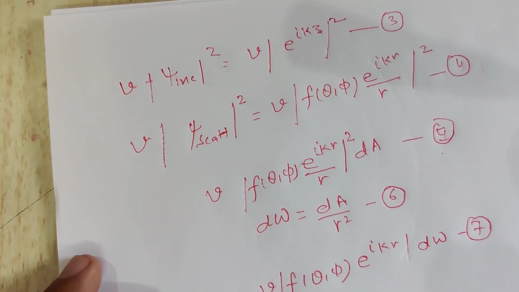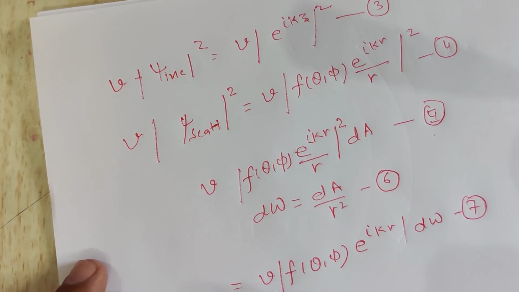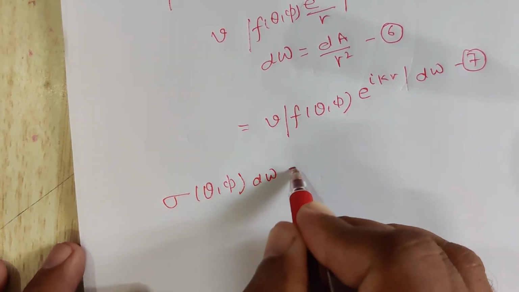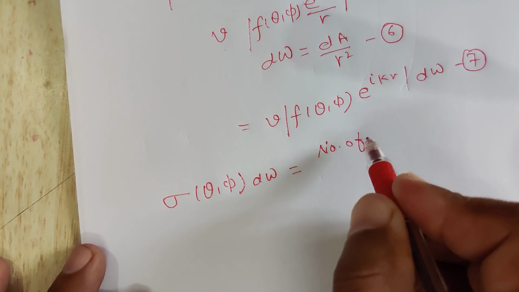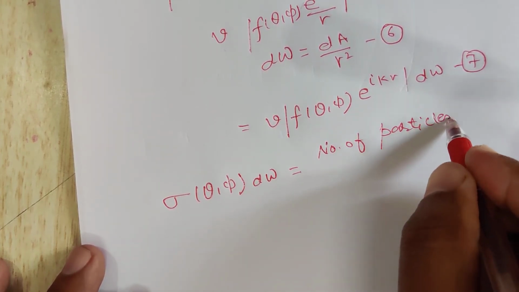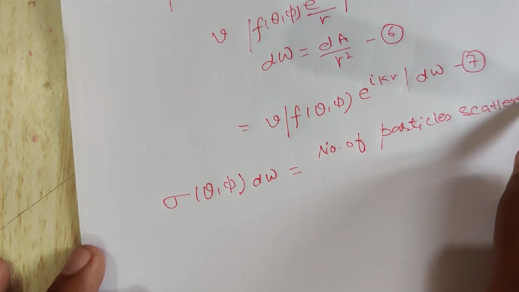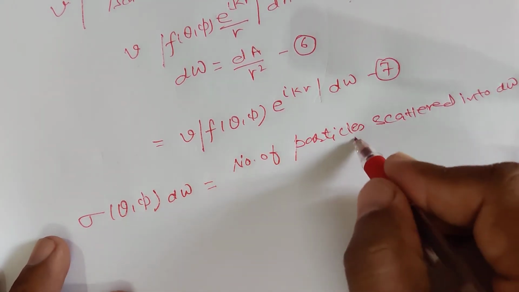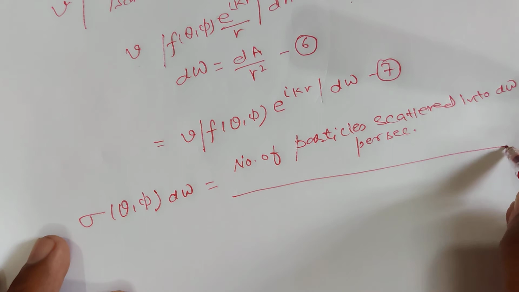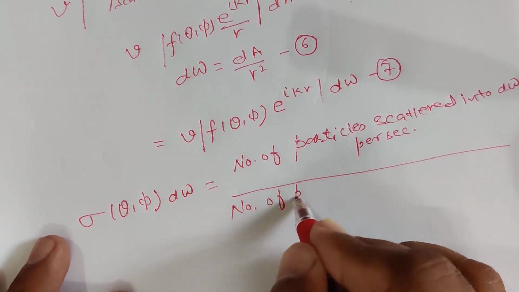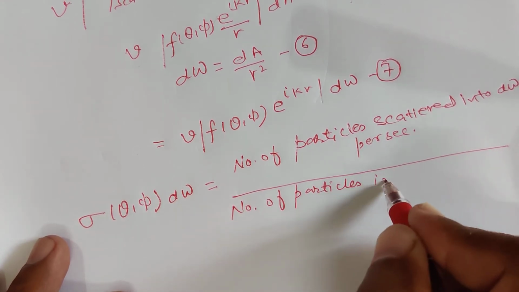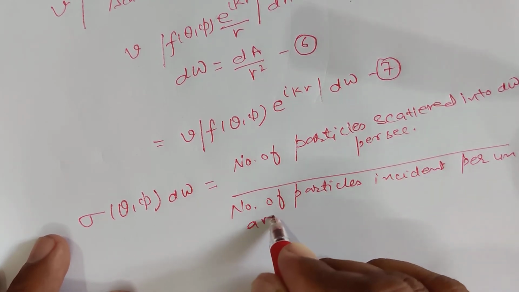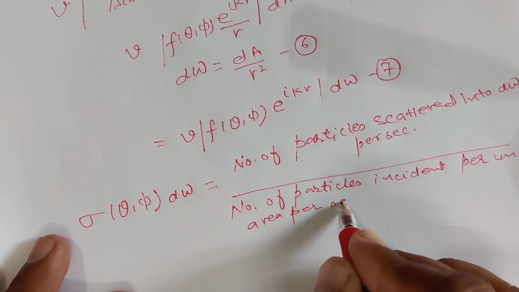But you know the differential cross section is defined as sigma(theta, phi) d omega equals the number of particles scattered into d omega solid angle per second, divided by the number of particles incident per unit area per second.